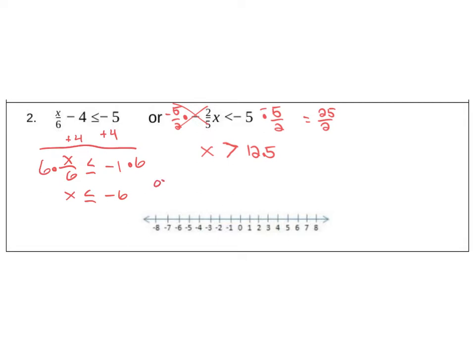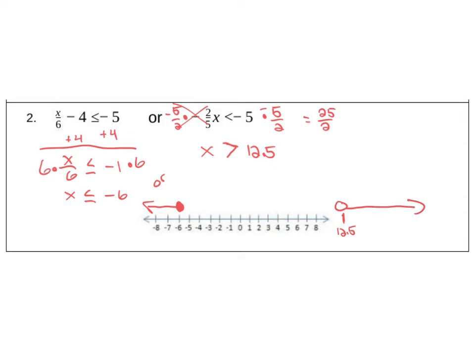Because this is an "or" statement, these are a little off kilter here, so we're going to want to rewrite that at the end. But let's just double check before we simplify anything. x is less than or equal to negative 6, going that direction. Then we go up to about 12.5, and that's going to be an open dot, and that's going to go that direction.